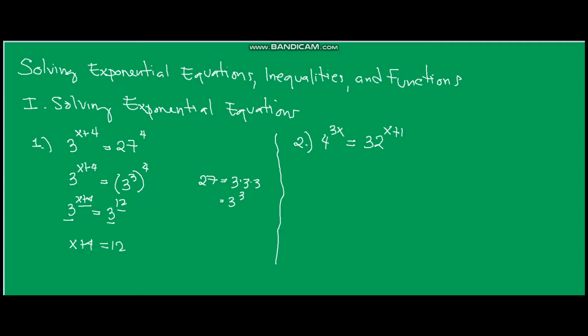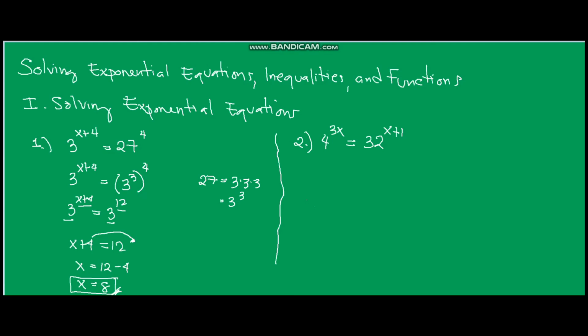And then, pwede na natin isolve ngayon yung value ng x by simply transposing 4 sa kabila, the other side, which gives us 12 minus 4 and x is equal to 8. So, this is our answer for example number 1.